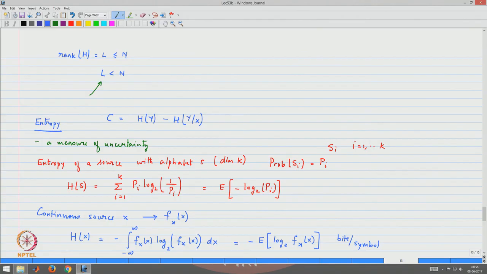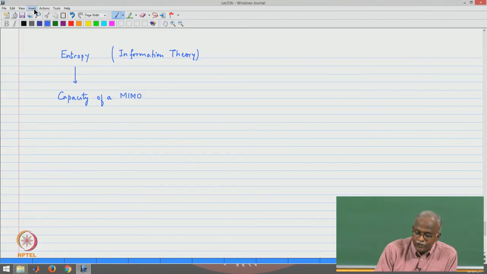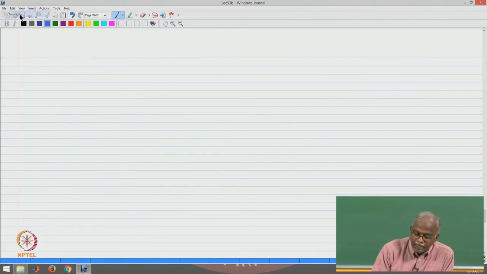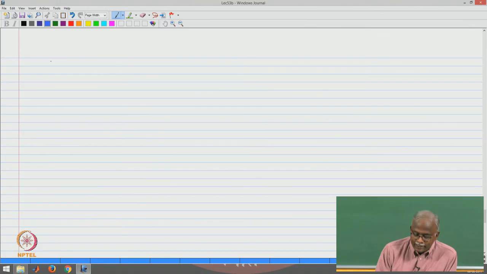So, this is a very useful quantity for us to have, and what we would now like to do is understand how to introduce these concepts in the context of the capacity calculations. So, let me leave you with an exercise.